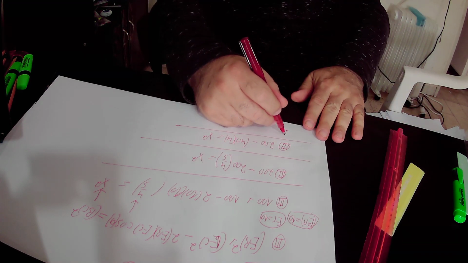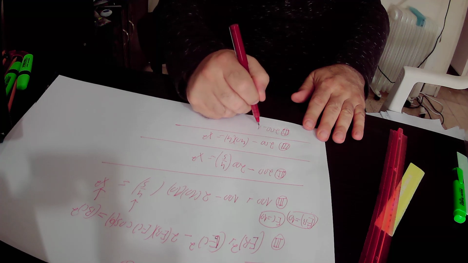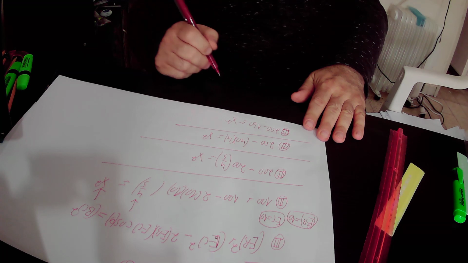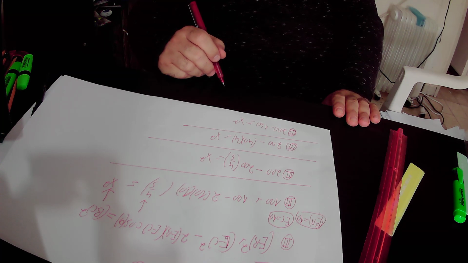In conclusion, we found out that 200 minus 160 equals x squared. 200 minus 160 is equal to 40.